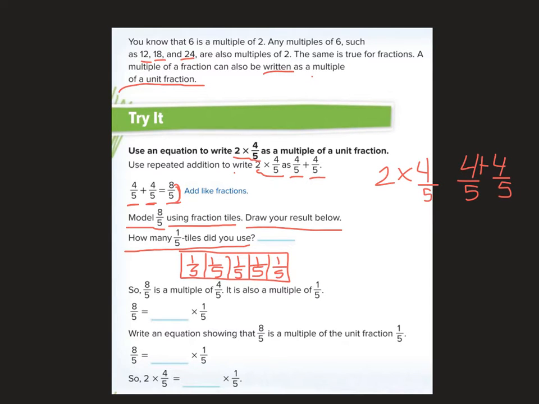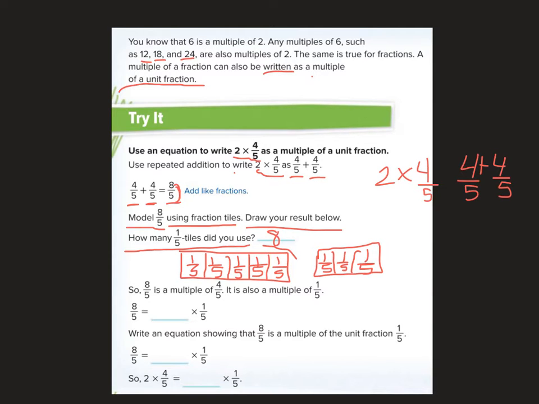That's 5/5 fraction tiles. Now I need to add 3 more. 1/5, 1/5, 1/5. So I have one whole and 8 of them.